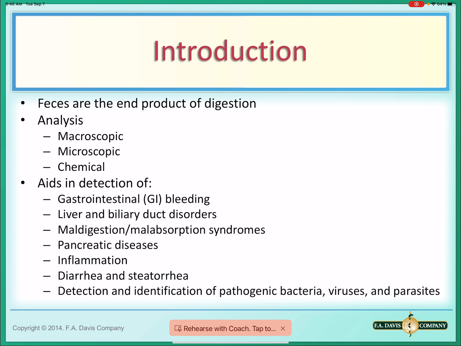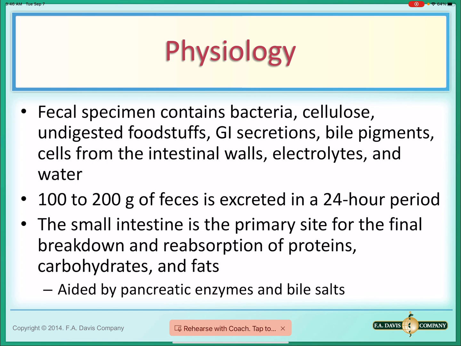So now let's talk about the physiology of the feces. The fecal specimen obviously has bacteria, cellulose, undigested food, gastrointestinal secretions, bile pigments, and cells from the intestinal walls. Also, it has some electrolytes and water.